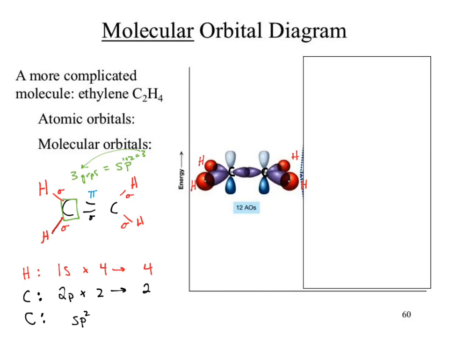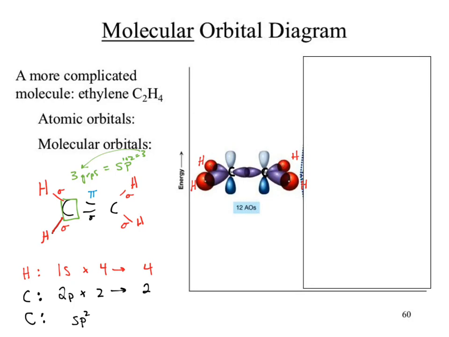Okay? 3 groups of electrons means sp2, which means carbon is going to be contributing sp2 hybrid orbitals into this. How many sp2 hybrid orbitals is carbon going to contribute? 3. Remember, there's 3 groups of electrons. So we picked sp2 so that I could get 3 interactions, 3 equal groups going in.